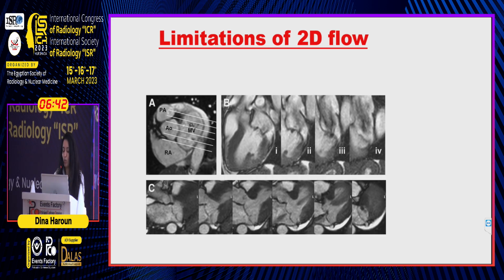Another limitation of the 2D flow is that it cannot measure the flow across the mitral and tricuspid valves, generally the AV valves. It can measure only the flow across tubular structures like the aorta and the pulmonary. So we cannot use it to measure the flow across the mitral and tricuspid valves.